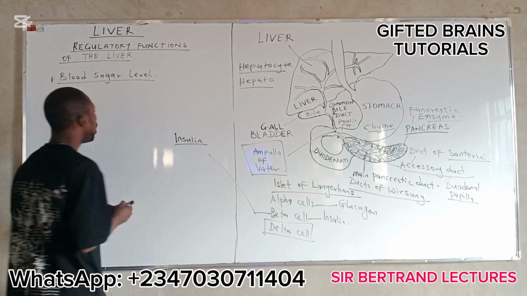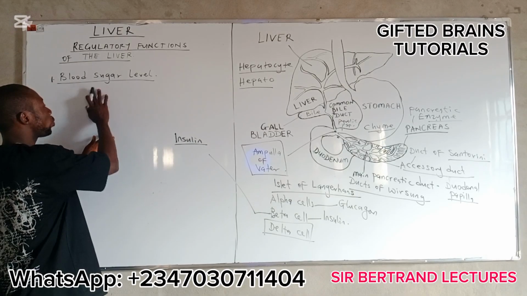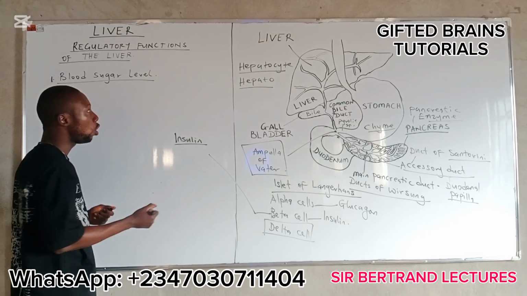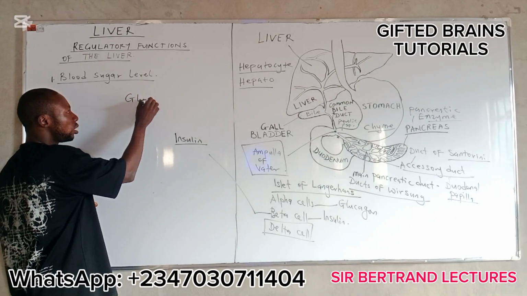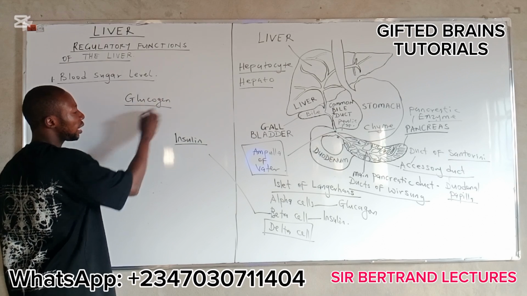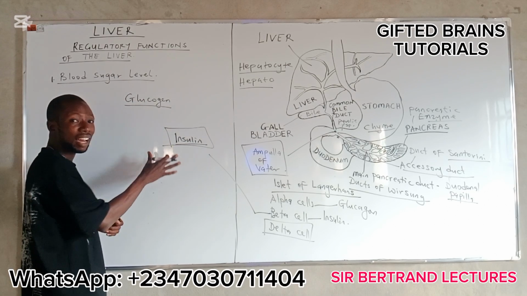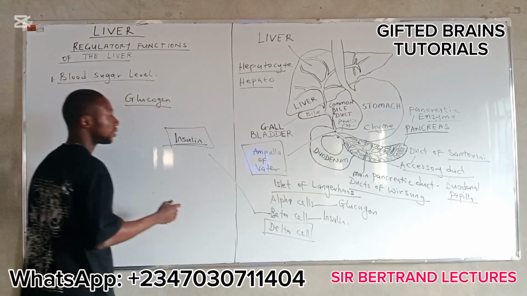Now, the presence of insulin will send signals to the liver. The liver will start to convert excess sugar to glycogen in the presence of insulin, which is synthesized and released by the beta cells of the pancreas.